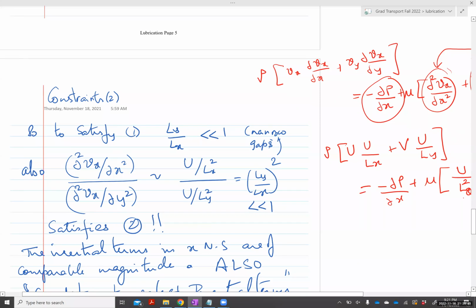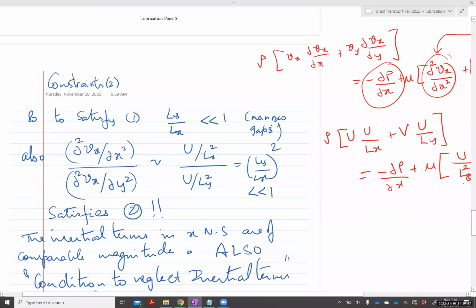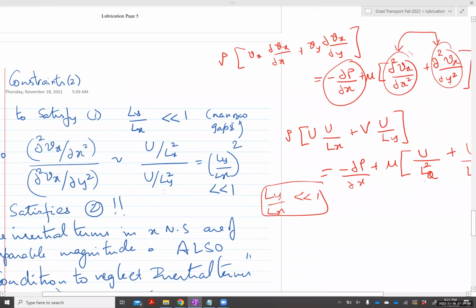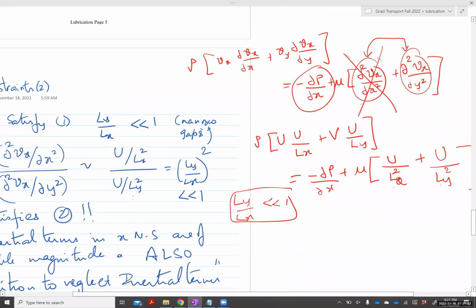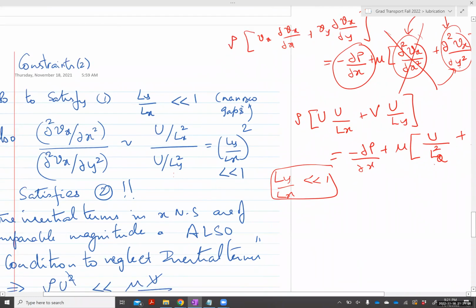I'm just taking the ratio of those two terms: u over Lx squared divided by u over Ly squared. What do you get? Ly over Lx whole square. And I know that my geometric constraint is Ly over Lx is much less than 1. So this term is negligible compared to this term. Voila, again, same thing, geometric constraint.